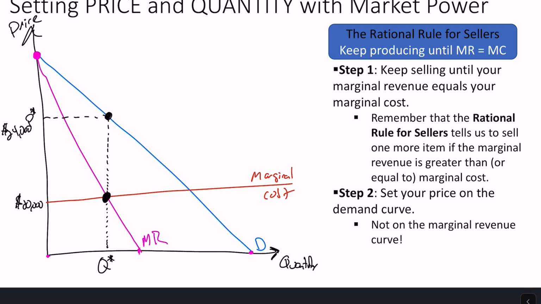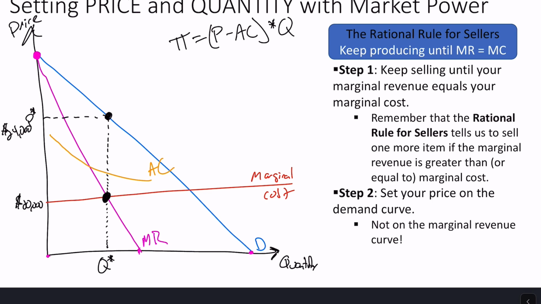Great. Profits: we need to have an average cost curve in here. So let's say average costs look like this, our average cost curve. So remember profits, pi for profits, will be price minus average cost times the quantity.